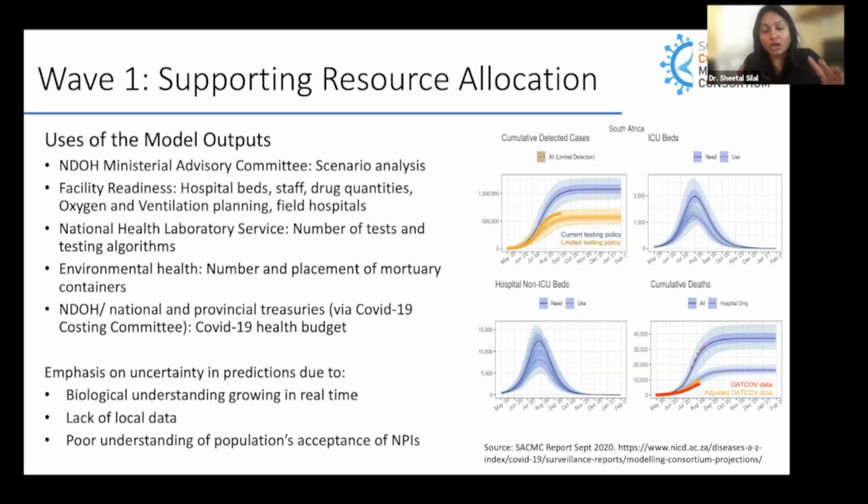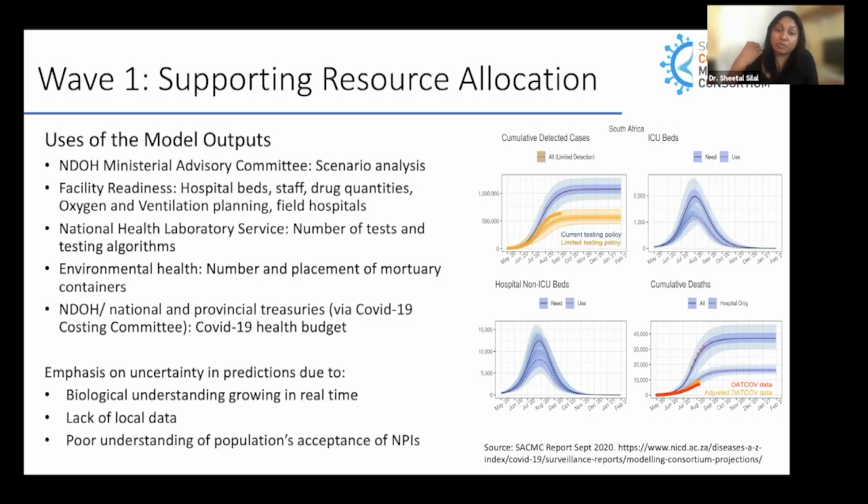But along with making those projections at the very early stages of the epidemic, we had to be equally responsible in communicating the uncertainty of our projections, where data didn't exist. New studies are being conducted and emerging in the literature every single week, growing in real time. And to date, we still have a very poor understanding of a population's acceptance of non-pharmaceutical interventions, or what we call public health and social measures now.